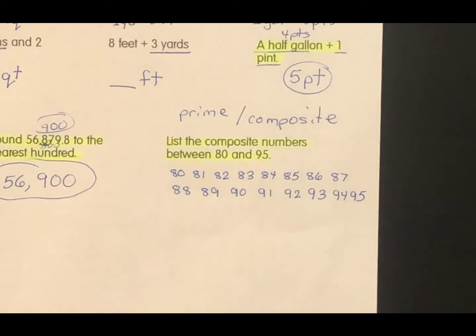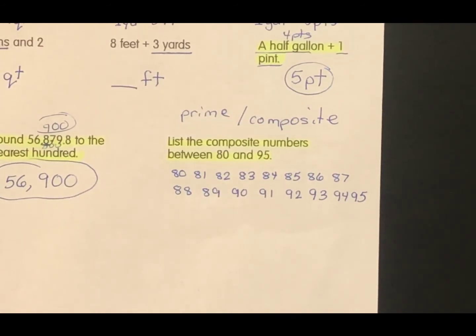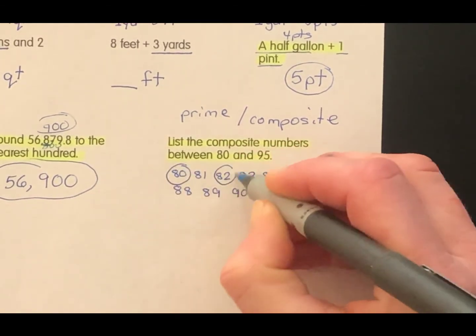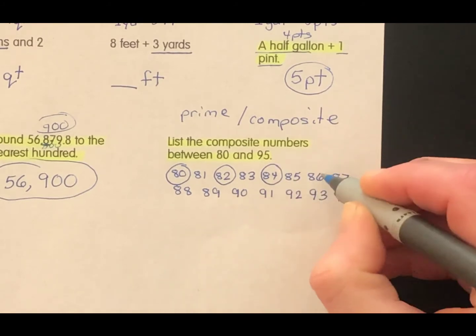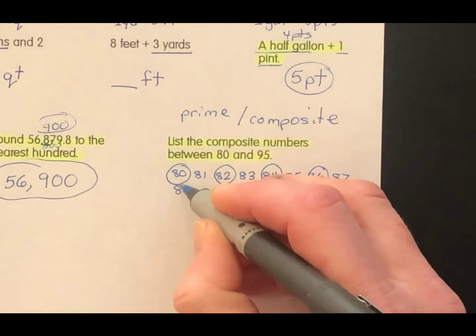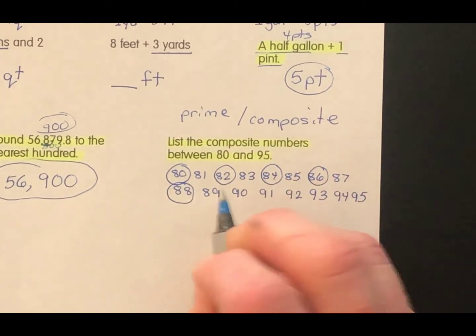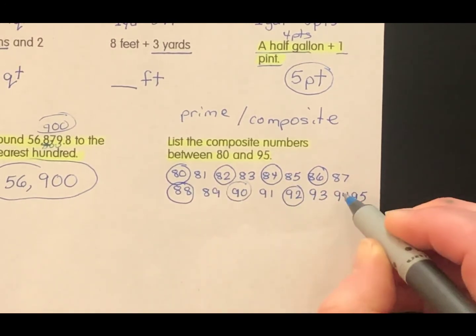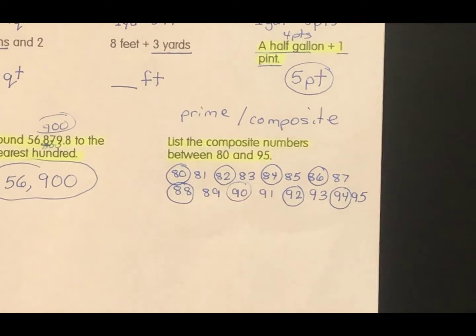So I'm going to circle the numbers that are even. I know these are composite because 2 goes into them. They have to have more than just 2 factors.